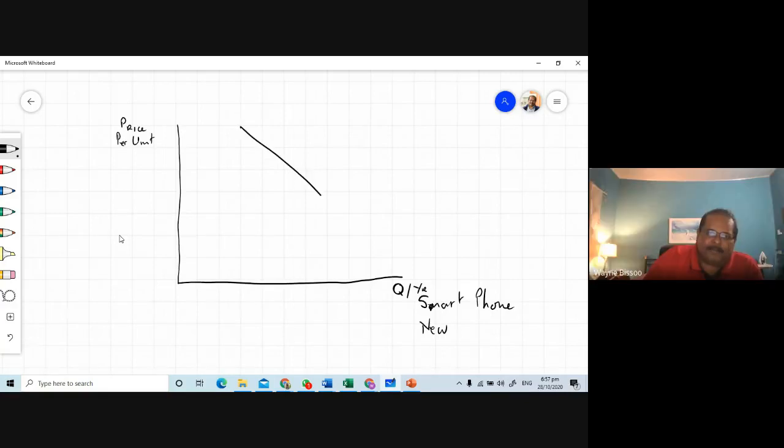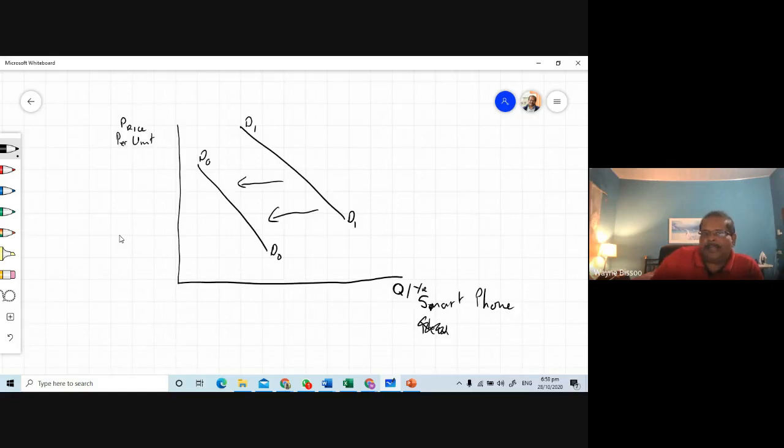Decrease. So you might find that if this was the original demand curve here, D1, for the smartphones, not the new ones, you'd find that because there's an expectation that in the next month a newer version of the smartphone is going to come out, the demand curve will shift to the left, meaning that you will cut back on your demand in anticipation of that new smartphone coming out in the future.